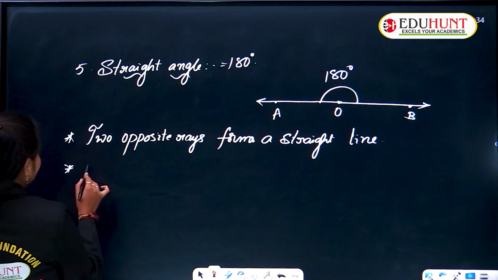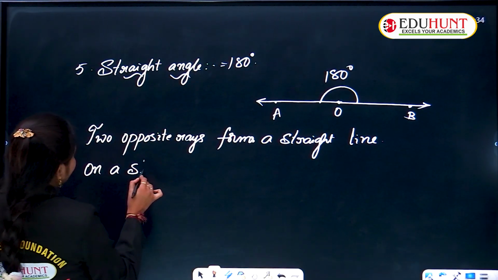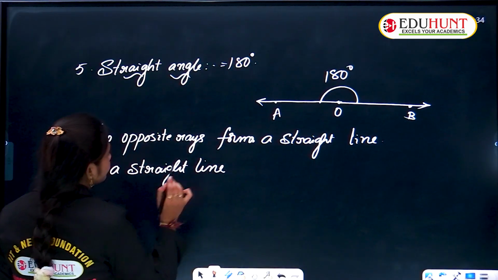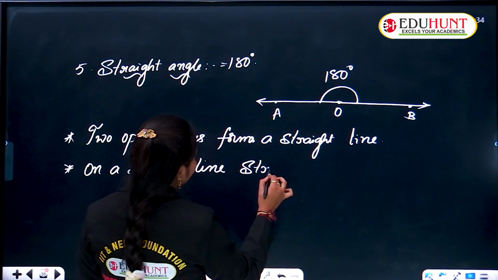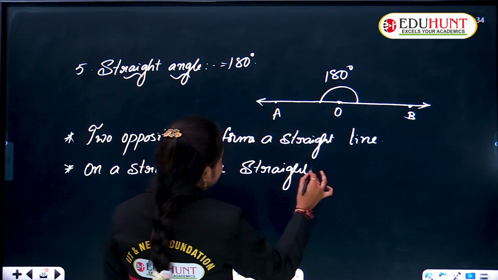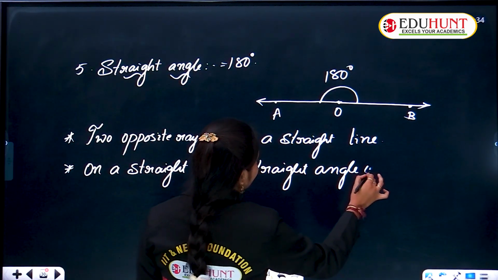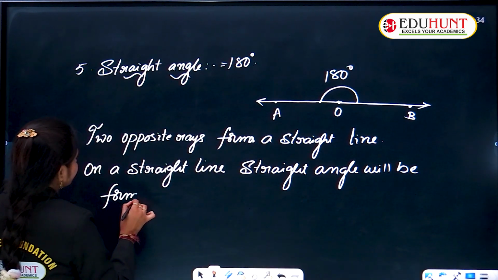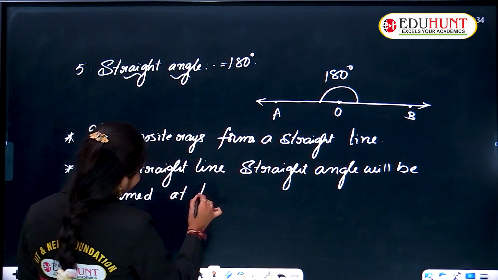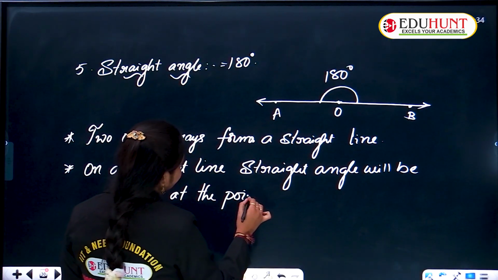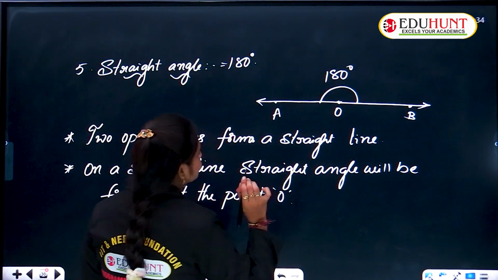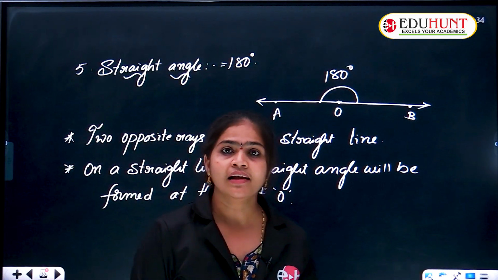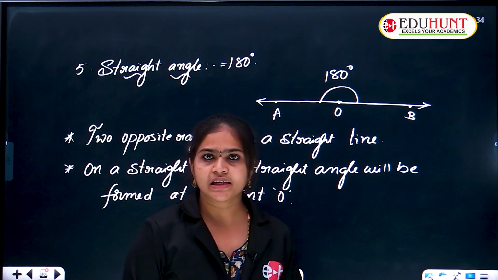Next, on a straight line, a straight angle will be formed at the point O. Clear? Then what is the measurement of a straight angle? That is 180 degrees. Am I clear to you?